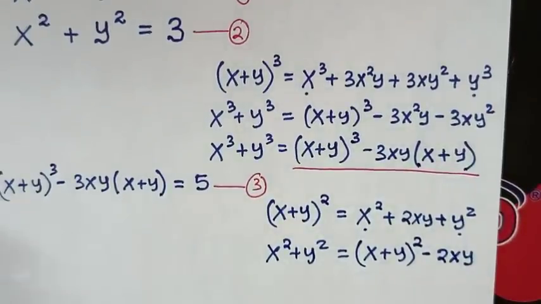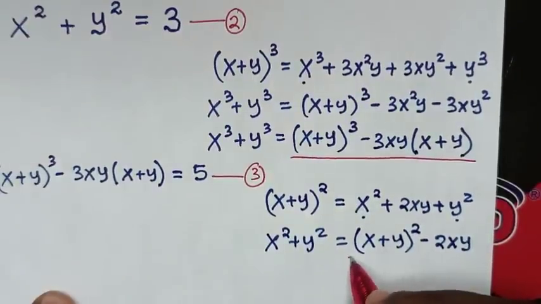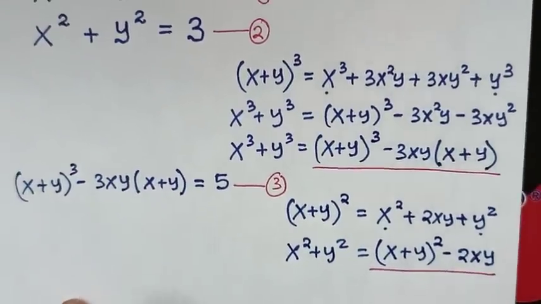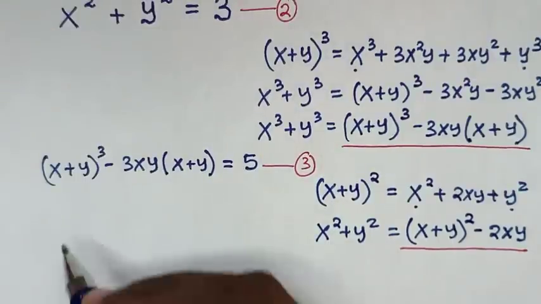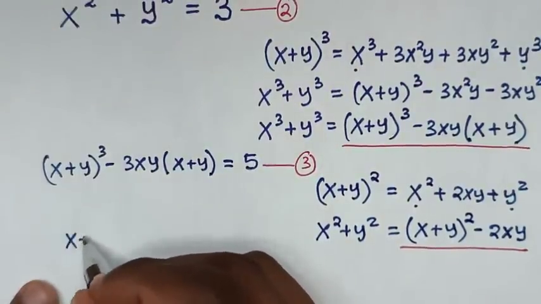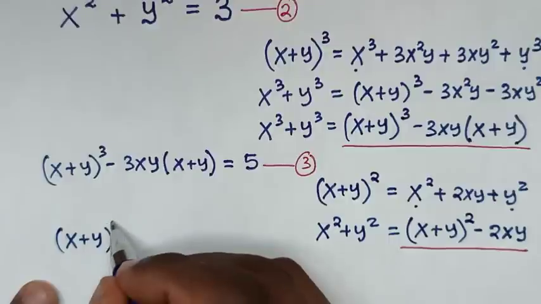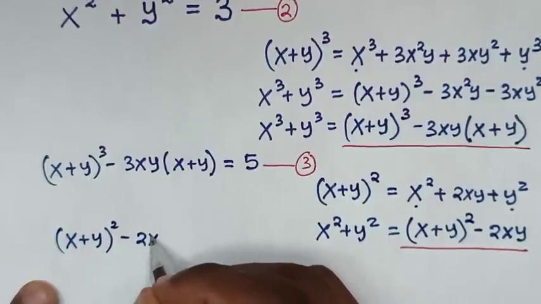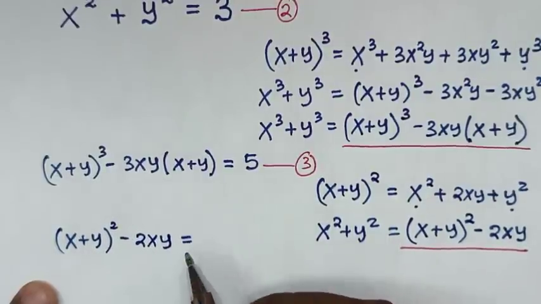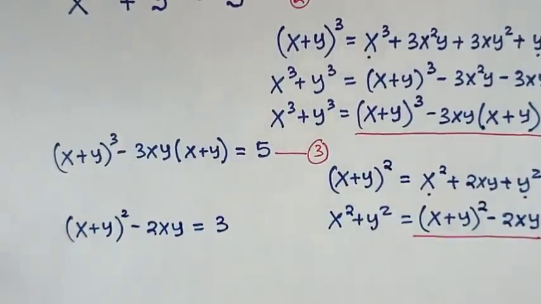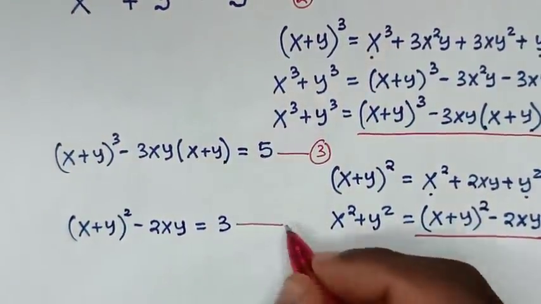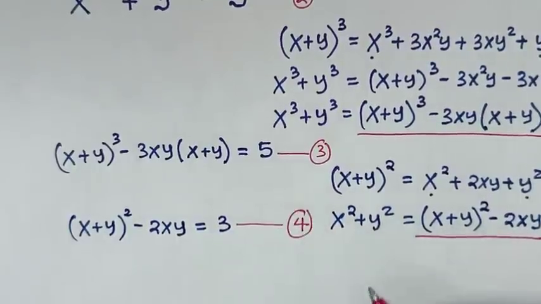Then we substitute this into here, and our equation will be (x + y)^2 - 2xy = 3. This will be equation 4.